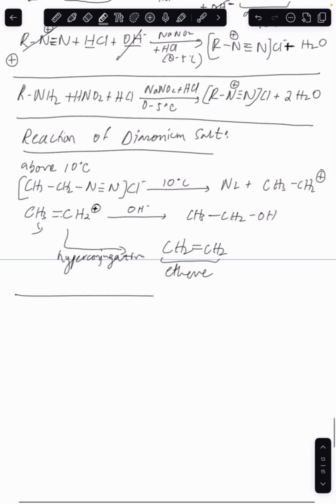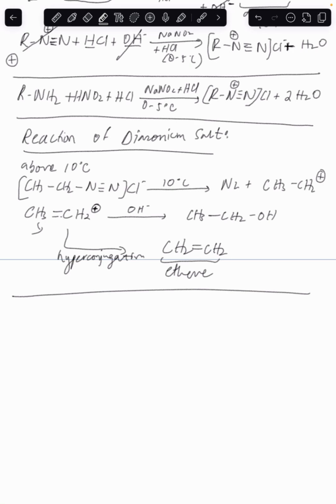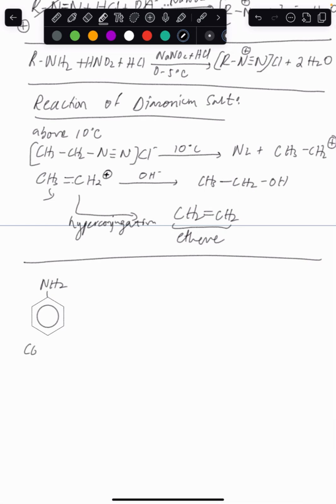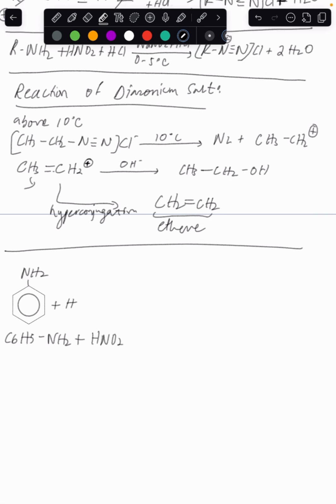Now one thing to note is that what we have over here is a benzene ring, so we can also represent it as this. This is going to react the same way. It's going to react with HNO2, so the same thing is going to happen over here as well.